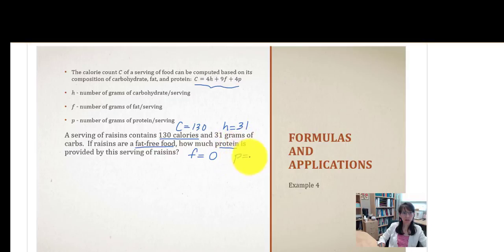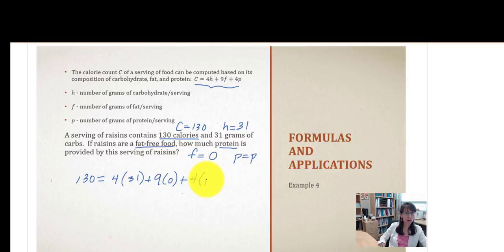So if we are not given a value for P, then we need to keep the variable. Let's substitute what we were given then. Calories are 130. 4 times the carbs, so 4 times 31. 9 times fat, that's 9 times 0, added to 4 times the protein.